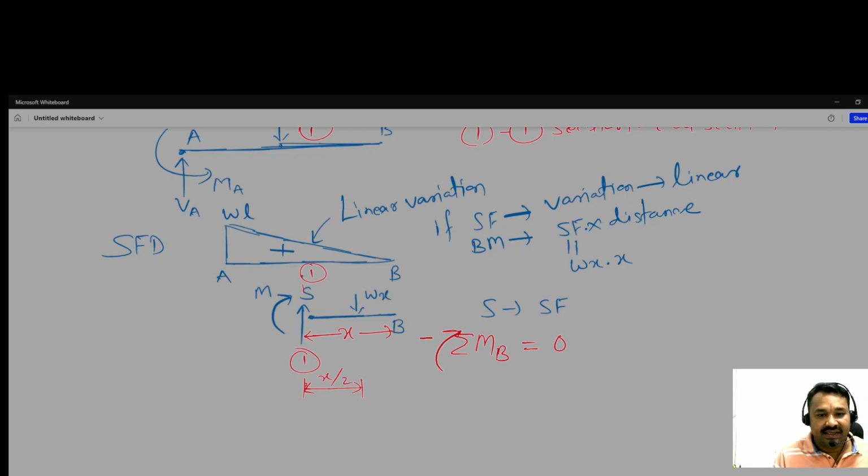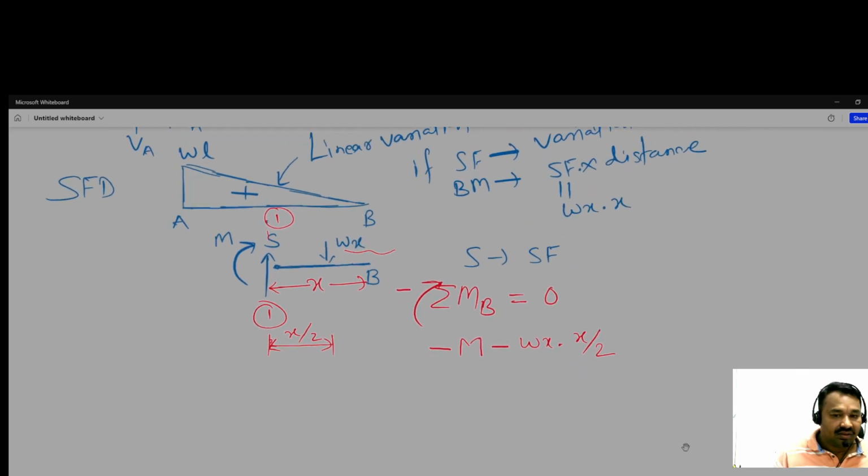The moment M at 1-1 is clockwise, that's why minus M, and wx tries to rotate the beam clockwise, multiplied by the perpendicular distance. So M equals minus wx square by 2.